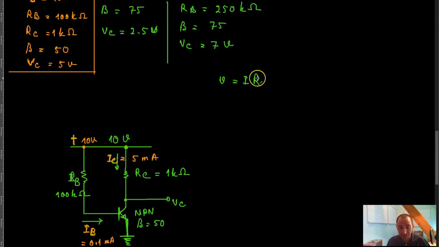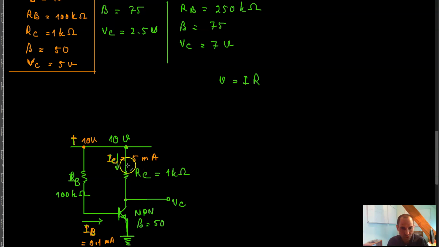If I keep the value of this resistance constant, the more current that I have here, the more voltage drop I will have here, and the less current that I have here, the less voltage drop I will have over this resistor, right?